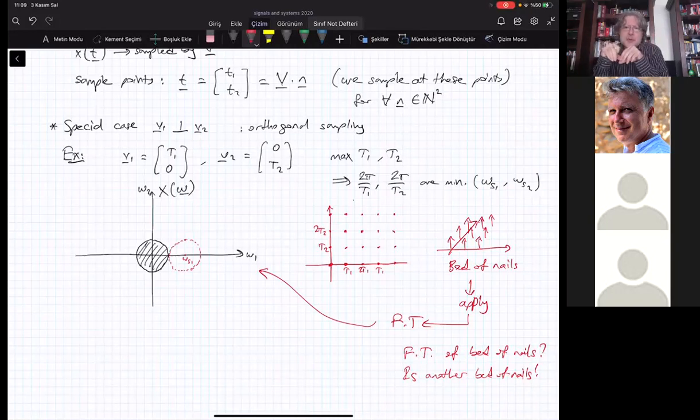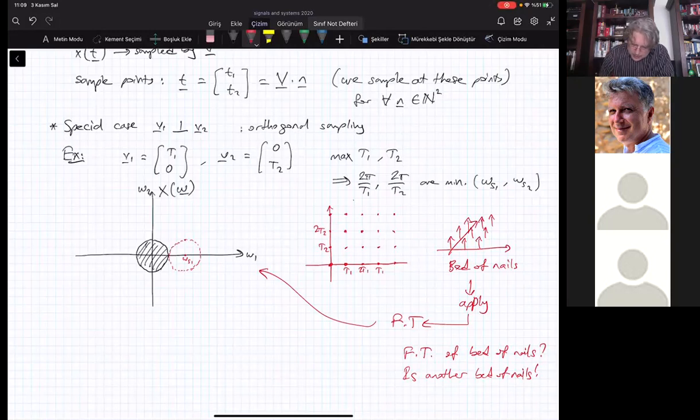Only the separations were different. If the impulse train was separated by capital T, then its Fourier transform impulse train samples were separated by 2 pi over capital T. That's why the separation of the bed of nails of the Fourier transform is omega S1, which is 2 pi over capital T1.